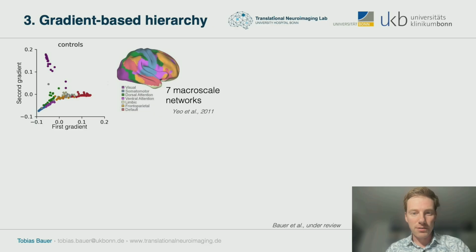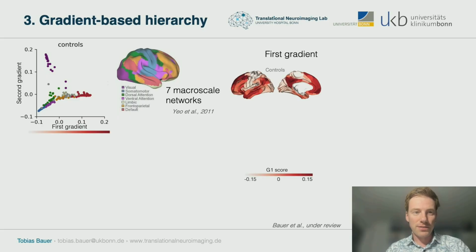If we color them according to the macroscale networks that they correspond to, we find that the first gradient ranges from unimodal networks to transmodal, or to the default mode network area. Here the first gradient in the controls is colored from white for unimodal to the red colors for the default mode network.